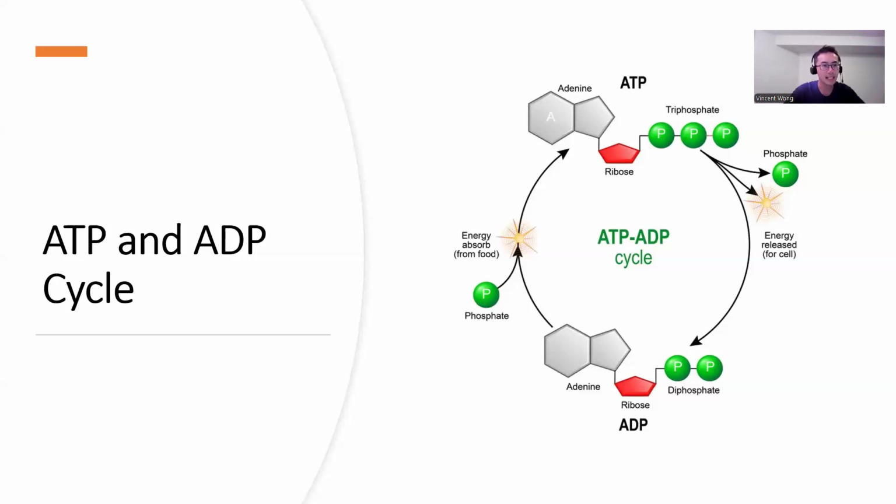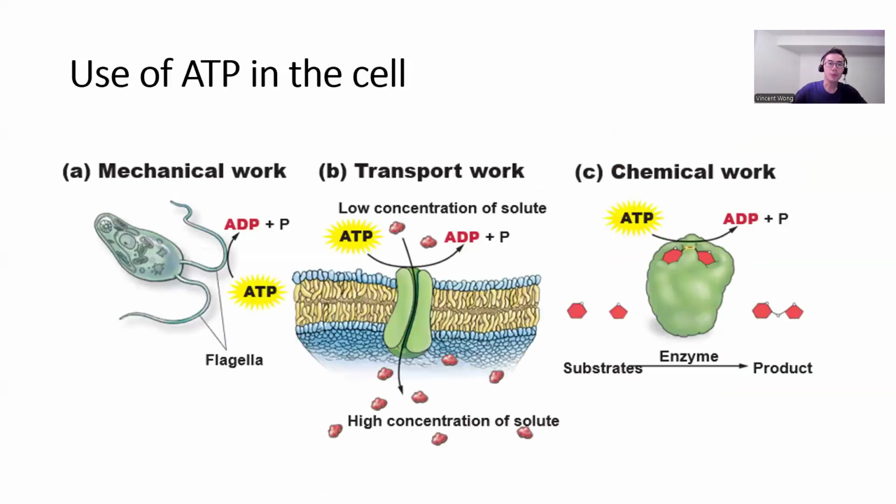Now, what I did not tell you on Monday is what exactly we use the ATP for. We know we can use it to do cellular work, but what kind of work does that include? We can use ATP in the cell to achieve mechanical work. Mechanical work basically means some kind of movement is achieved, like moving the tail of a cell.